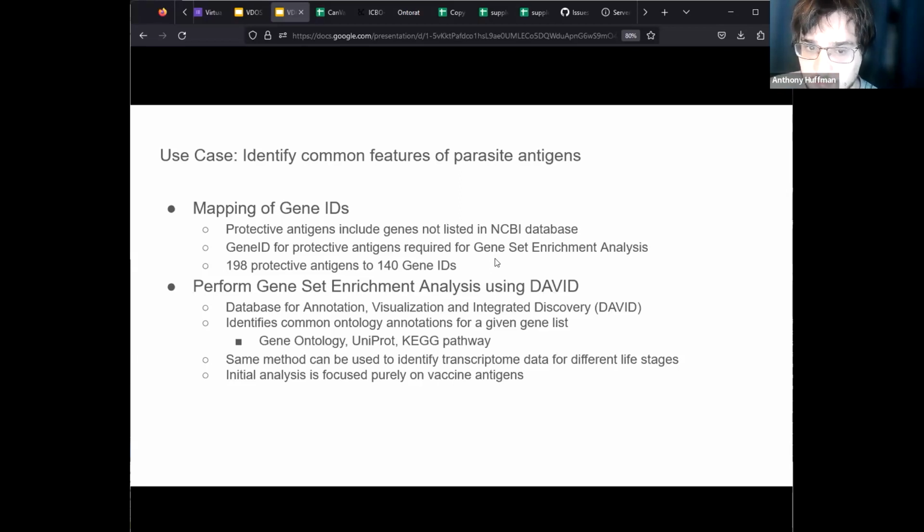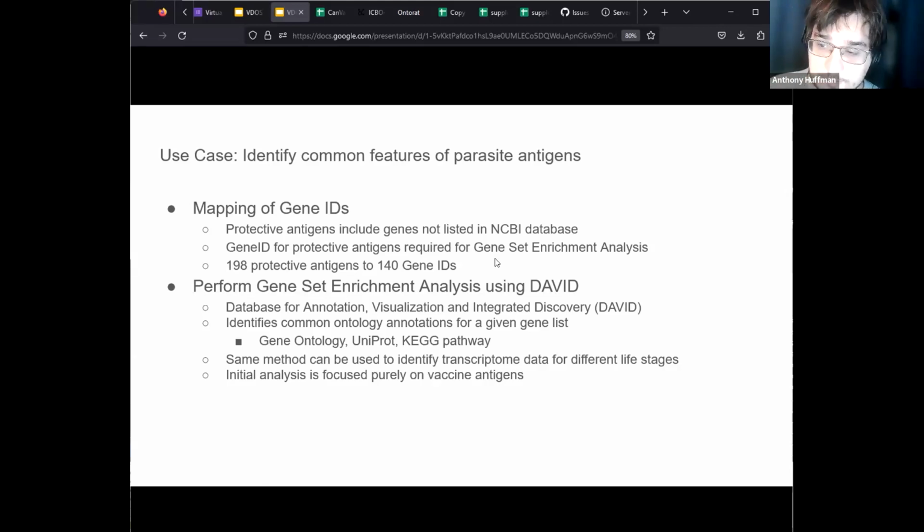Following that, we performed gene set enrichment analysis using DAVID, which will provide us, for a given list of genes in a specific organism, some common ontology annotations using either Gene Ontology, UniProt keywords, or KEGG pathway as the source of these annotations.